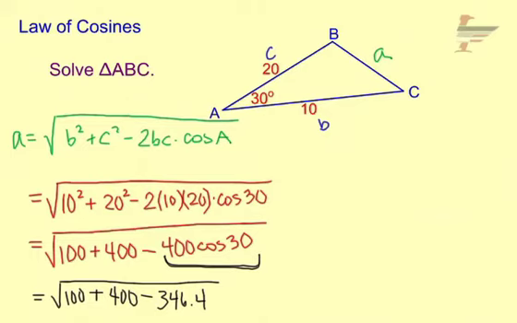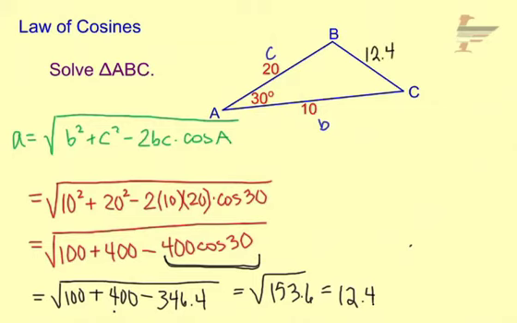Then we do this addition and subtraction and end up with the square root of 153.6, and the square root of that number is 12.4. So we were just solving for side A. Now we know side A is 12.4.